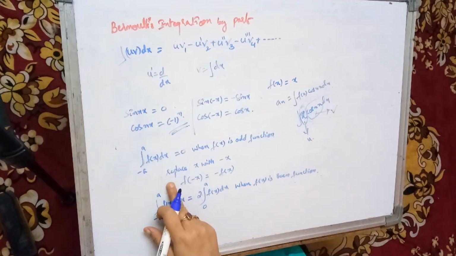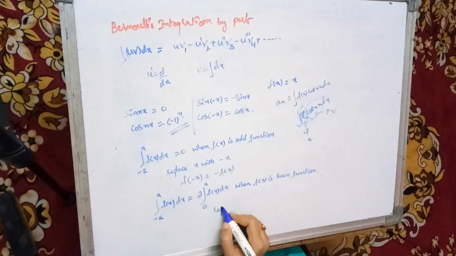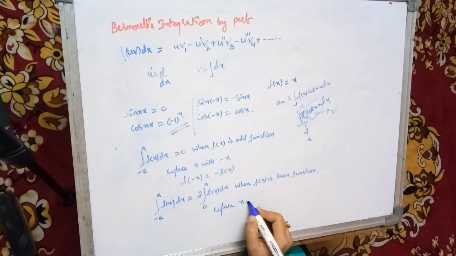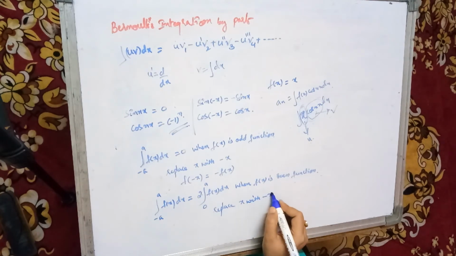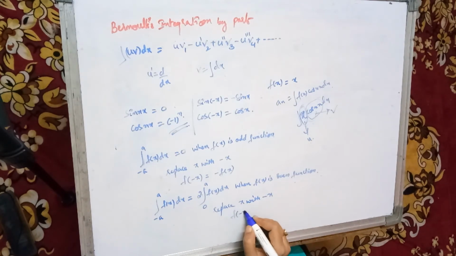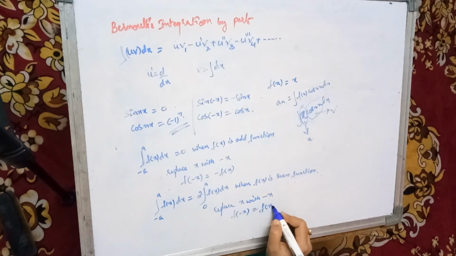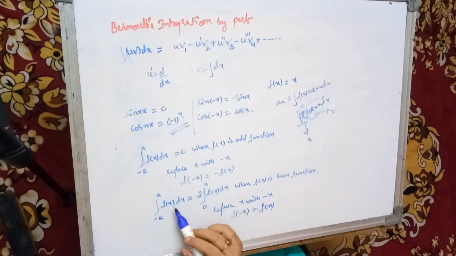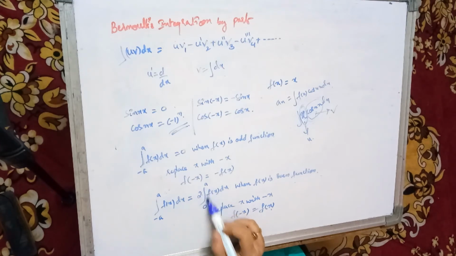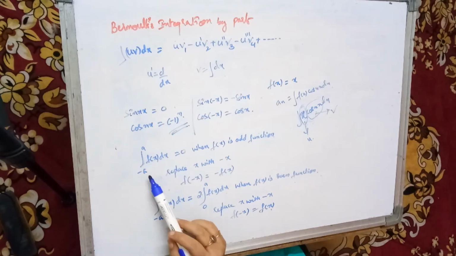The same thing: you replace x with minus x, and if f of minus x comes as f of x, then you declare it an even function. Then directly you can write 2 into the integral from 0 to a of f of x into dx. This is applicable when your limits are from minus a to a.